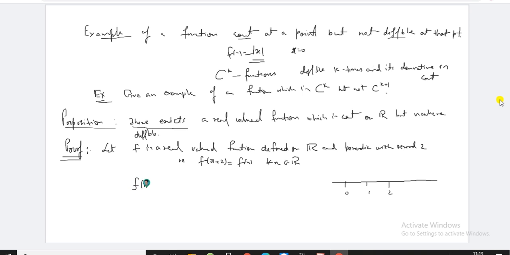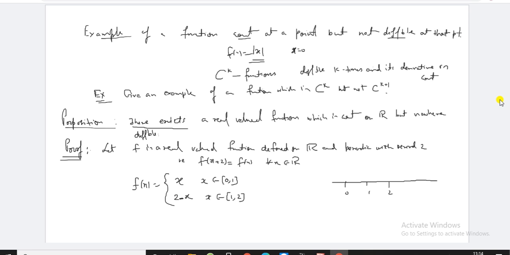Suppose f(x) is equal to x in the first half interval, when x belongs to [0, 1], and is equal to 2 minus x when x belongs to [1, 2].